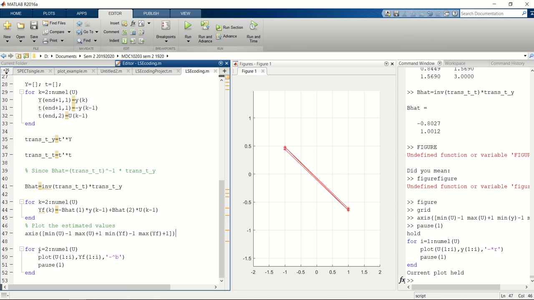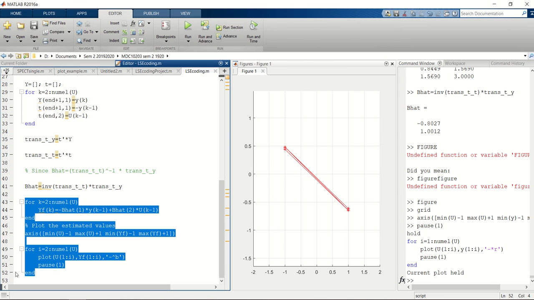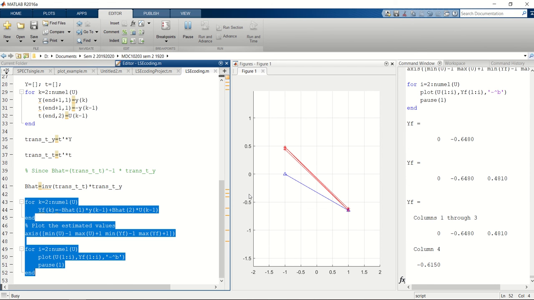For i equals 2 until the number of elements, 4 just now, I plot it point by point. If I run from here just now until here, you can see the figure superimposed by the values from this equation. I use F9.